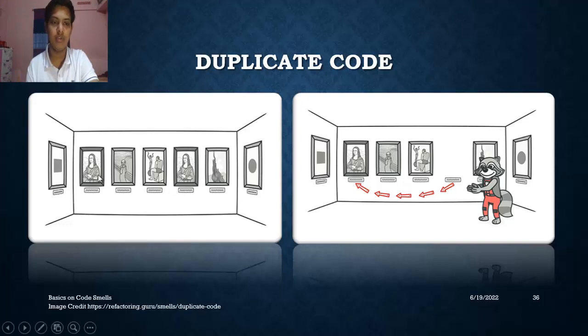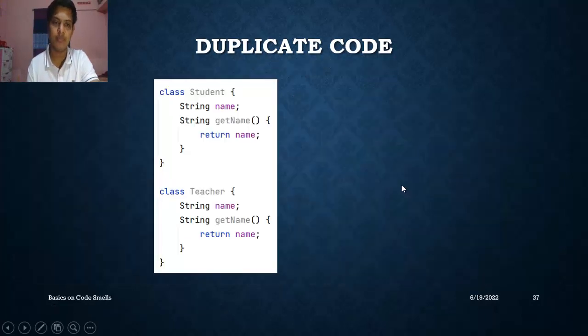If we have duplicate code, for example we have the same pictures in both, and we can add a reference or a link to the existing code and reduce the duplicate code. For example, there are classes called Student and Teacher. In the Student there is a property name and a method which returns the name.